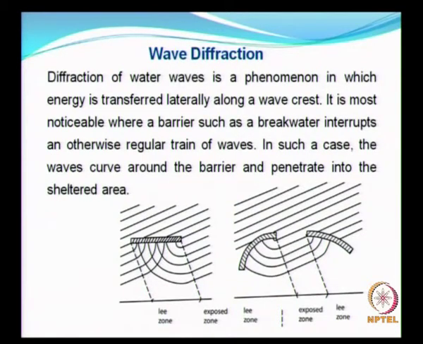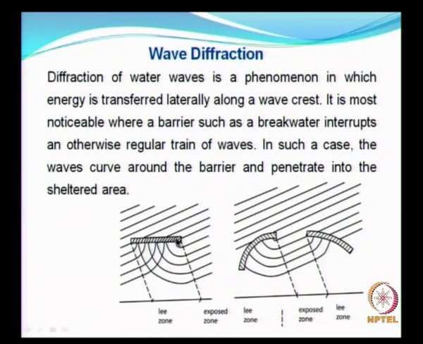Please recollect, when we saw the phenomena of refraction, we observed that it is mainly because of the waves propagating over varying water depth. So we will just keep that aside and examine the phenomena of diffraction alone. For that purpose we have considered only a constant water depth here.